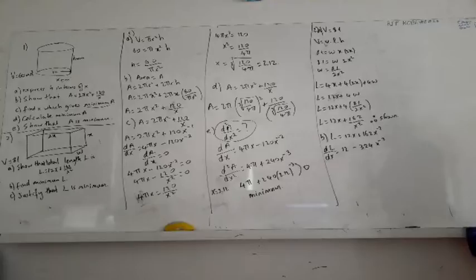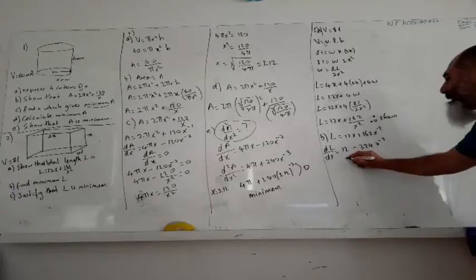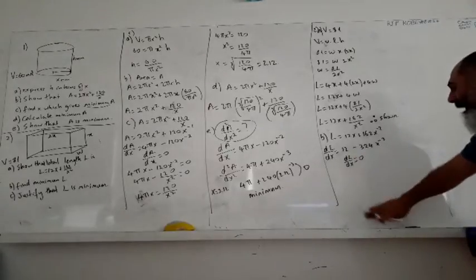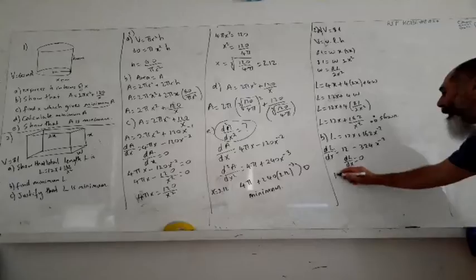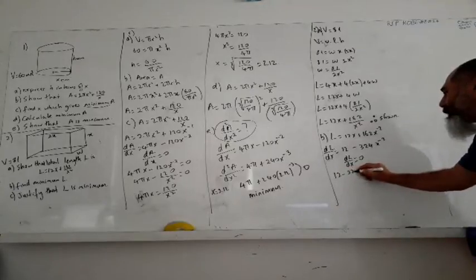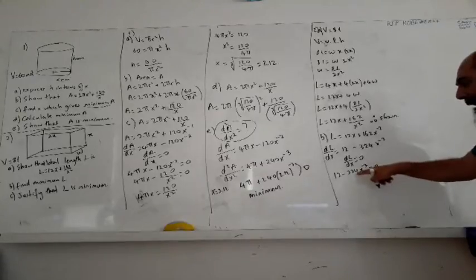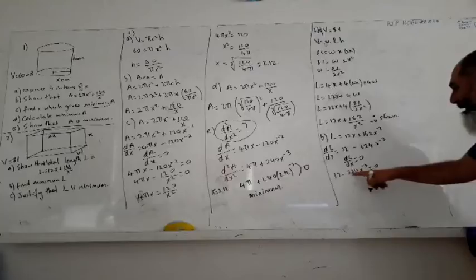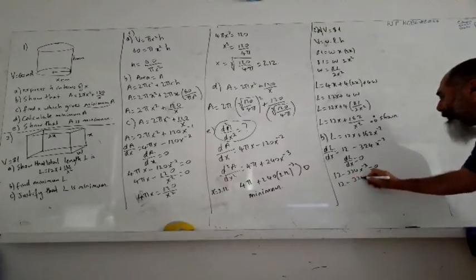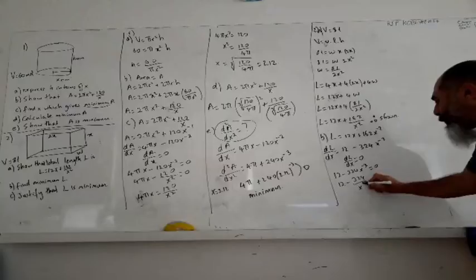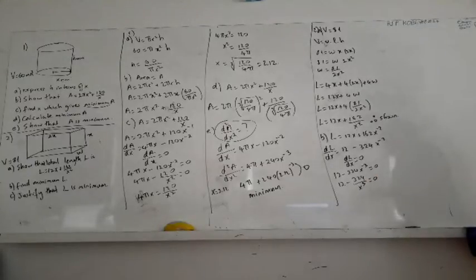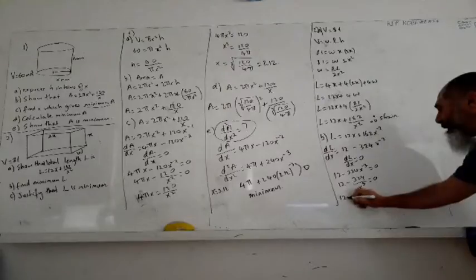Now, what is the next step? We have to equate dL over dx to 0 and solve for x. 12 minus 324x to the power of minus 3 is equal to 0. Let's rewrite this one as a quotient. 12 minus 324 over x cubed is equal to 0. 12 is equal to 324 over x cubed.